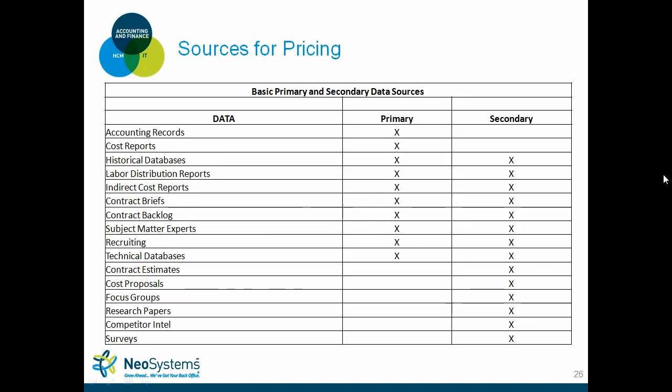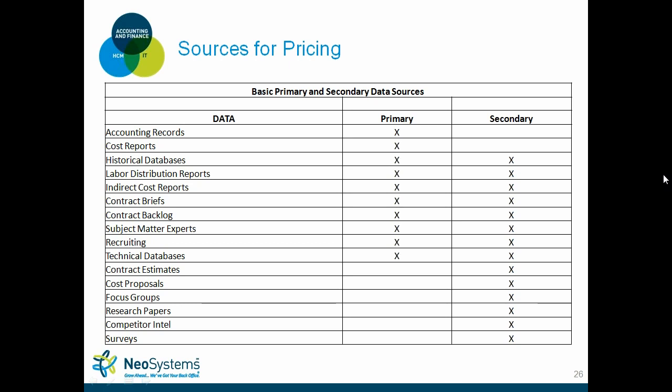So this chart here shows a primary and secondary where you can get information and data to complete pricing in your cost volume. Obviously, the primary side includes accounting records, cost reports, all of your historical database so that you can trend out what your forecasted rates will look like, your labor distribution reports.